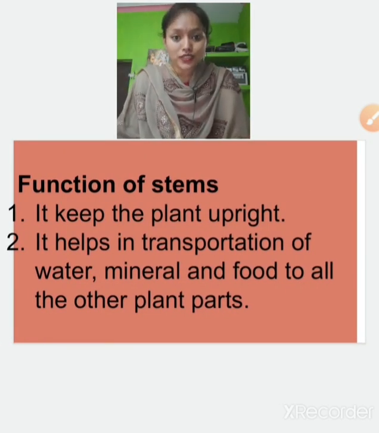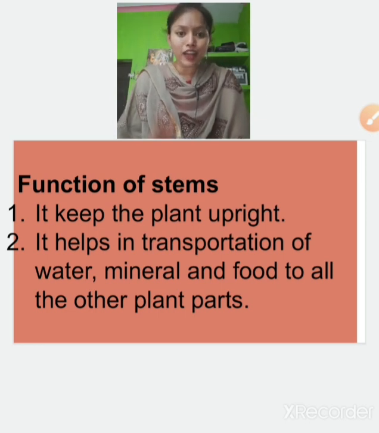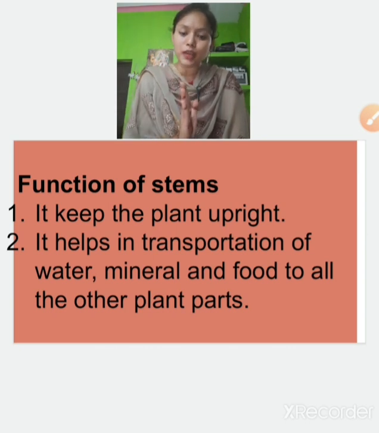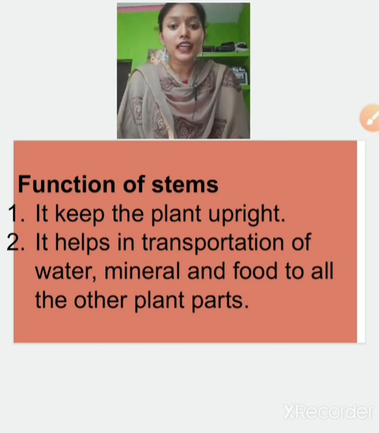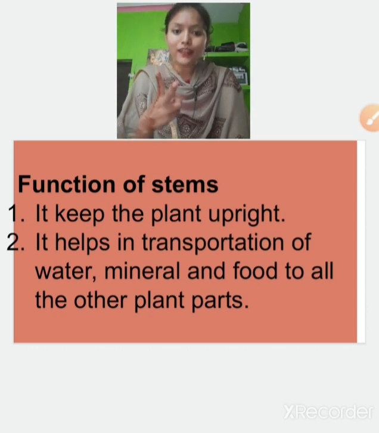Next, functions of stem. What is the use of stem? Stem helps to keep the plant upright, means with the help of stem only the plant can stand straight. It helps in the transportation of water, minerals and food.